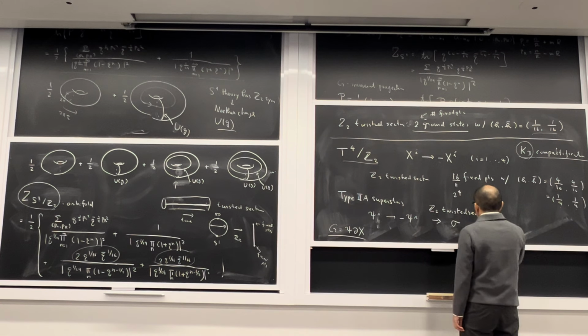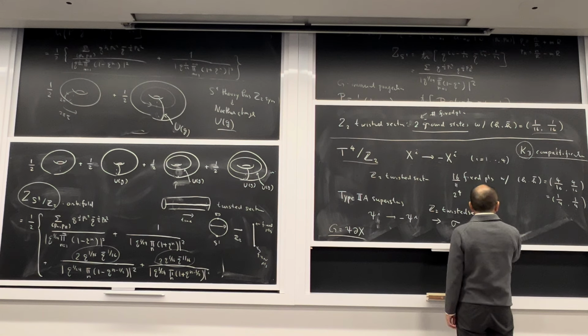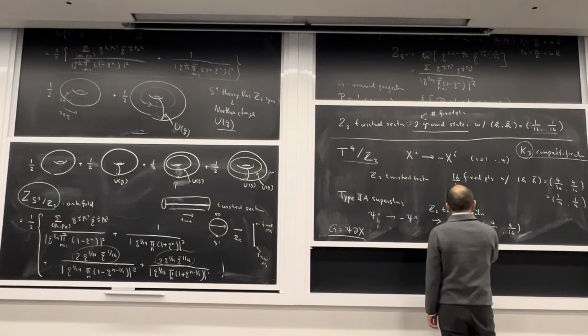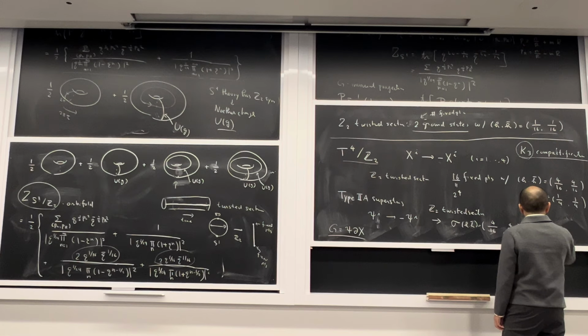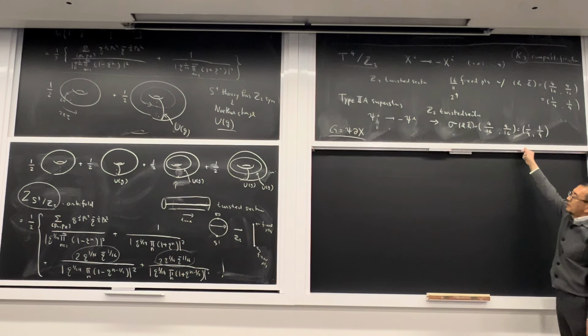Okay? So therefore you have a twisted sector, and the twisted sector has conformal dimension 1/16, and again there are 4 of them. So you get 1/4, 1/4. That's what the fermion gives.